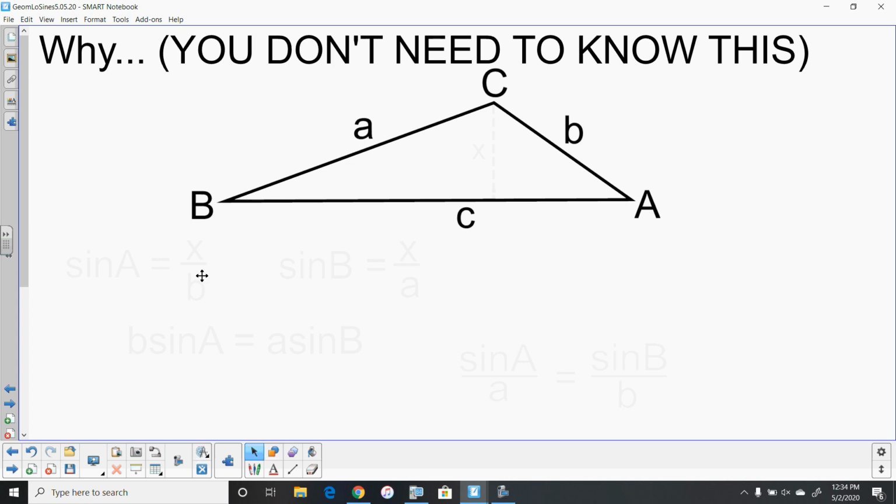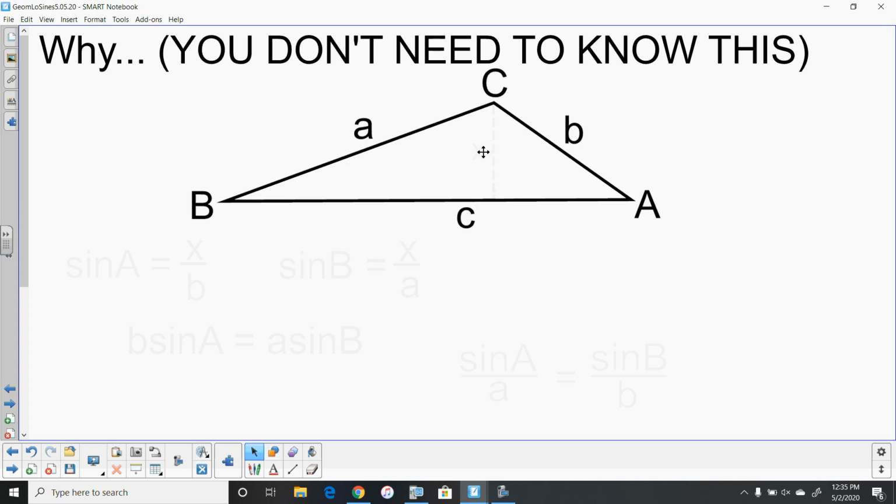If I look at my triangle here, in math we use capital letters for the vertices of a triangle, and the corresponding lowercase letter for the side across from that angle. So you've got angle A, side a, angle B, side b, angle C, side c.